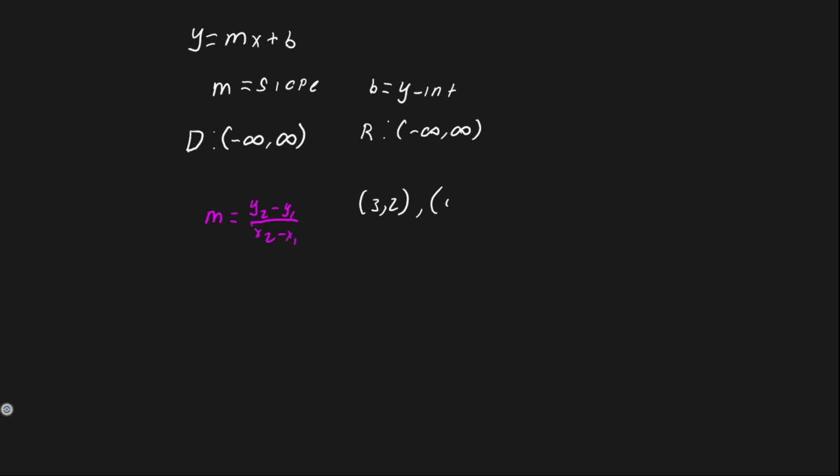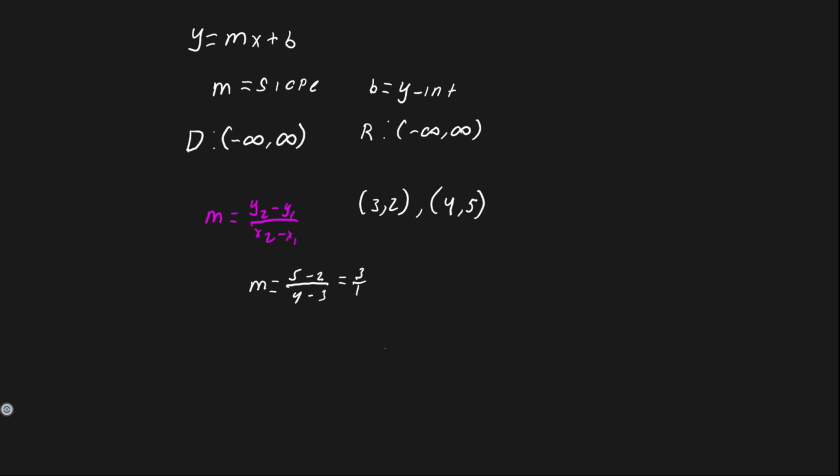Actually 4 comma 5. So we're going to use the formula again to get m, where m is equal to y2, which is 5, minus y1, which is 2, divided by x2, which is 4, minus x1, which is 3. So we get 3 over 1.